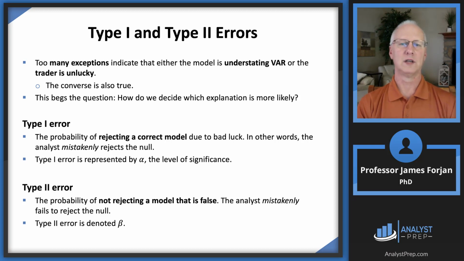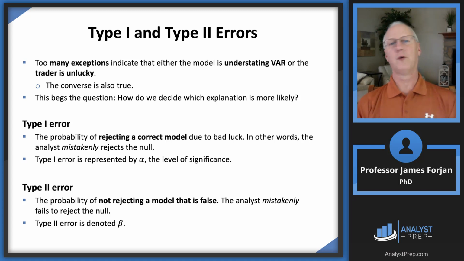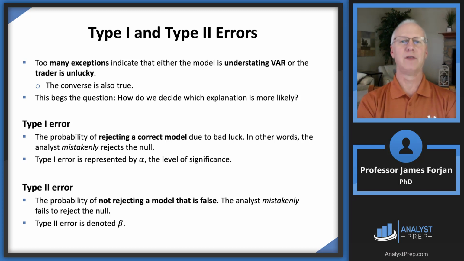And so a type 1 error is that you say something like, okay, this candidate stinks, but the interview goes so well that you hire the candidate, and in fact, the candidate does stink and does underperform. So a probability of rejecting a correct model. Of course, there are lots and lots of behavioral issues that come into play when you make a type 1 error, which is different than a type 2 error.